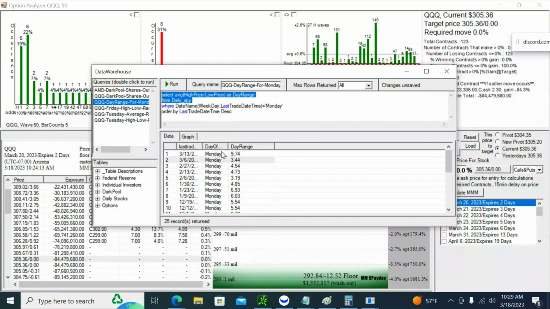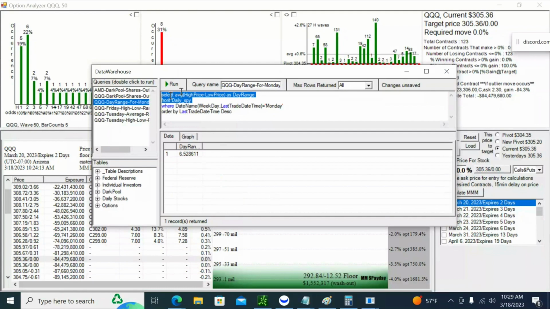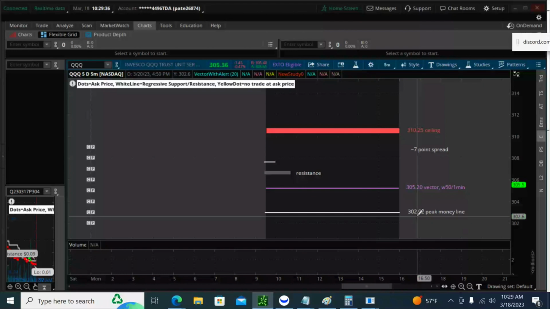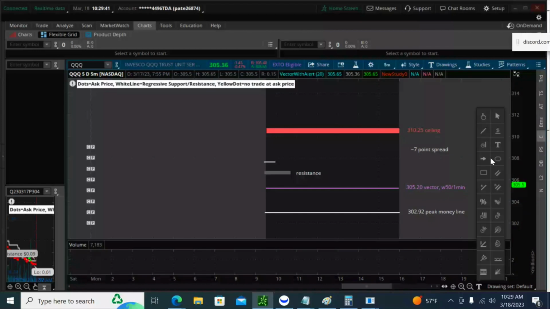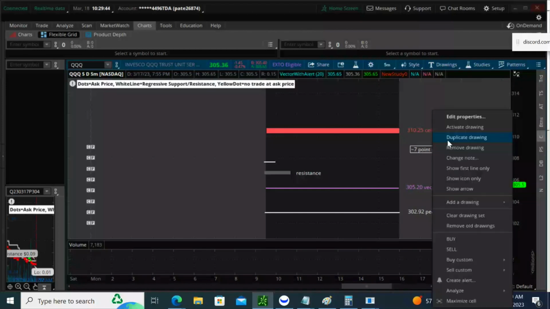If you highlight it here like that, it just runs whatever query has been highlighted. So that's why I highlight it and run it. So our day range on Mondays on average is 6.52. And what do we come up with over here? About a 7-point spread. So we know we're not too crazy because it's kind of lining up.